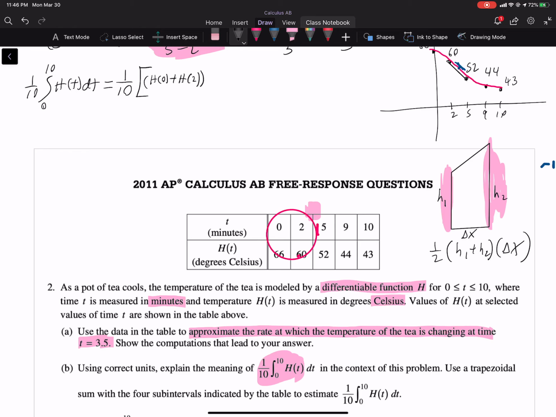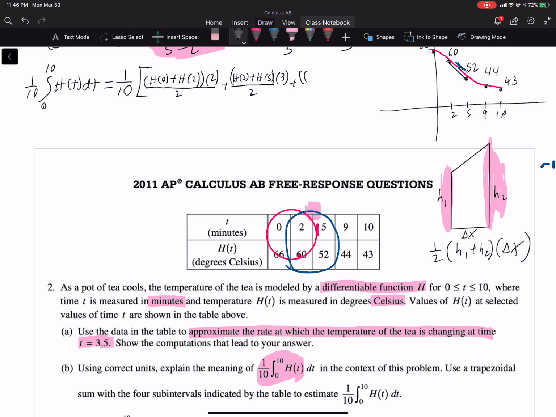So that's the sum of the heights. Delta X is 2, and it's 1/2 on all of these. So the next two, I'll alternate colors, will be between 2 and 5. So that's going to be H of 2, H of 5, and the width is 3.